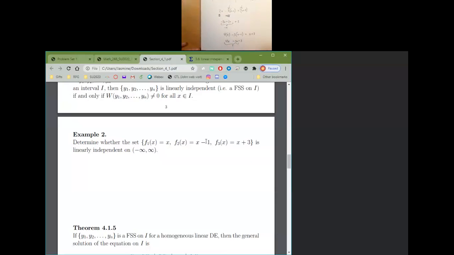And so this is to say that, you don't have to write this all out by any means, there exists C1 equal to 4, C2 equal to negative 3, C3 equal to negative 1, such that C1 F1 plus C2 F2 plus C3 F3 equals 0.